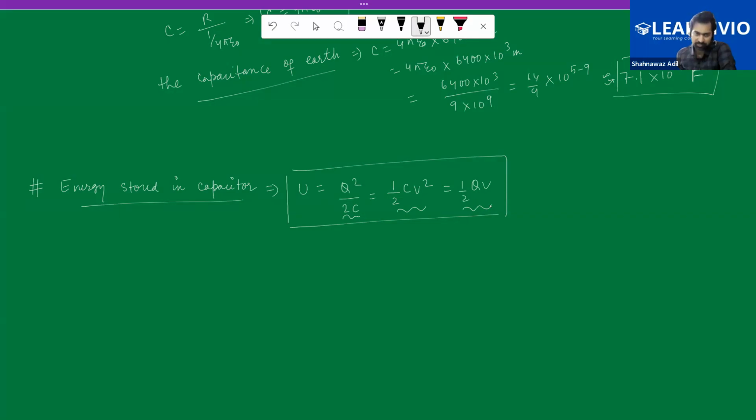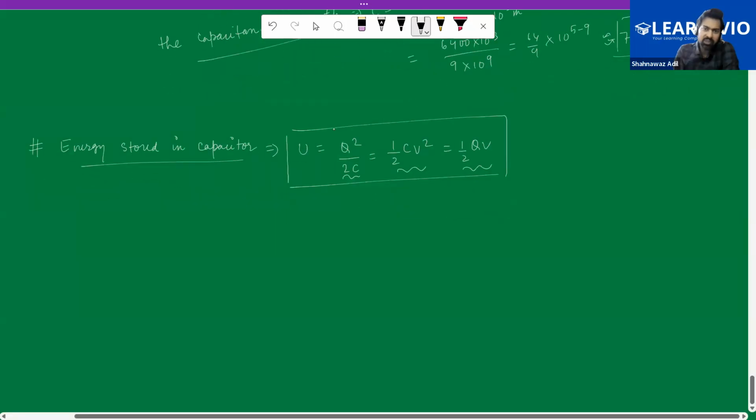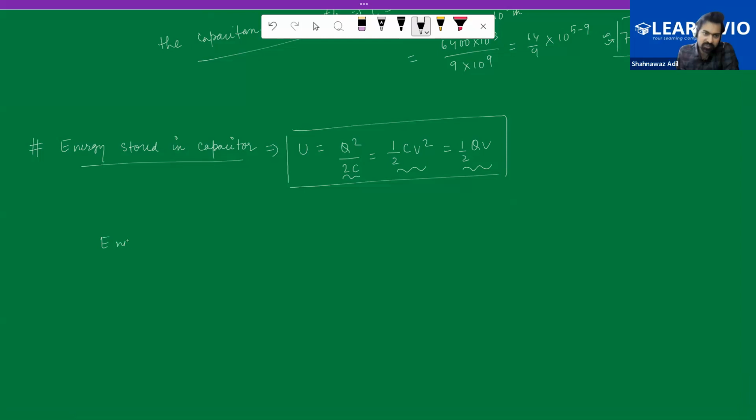And what is the energy density? So let us find out the energy density of a parallel plate capacitor.